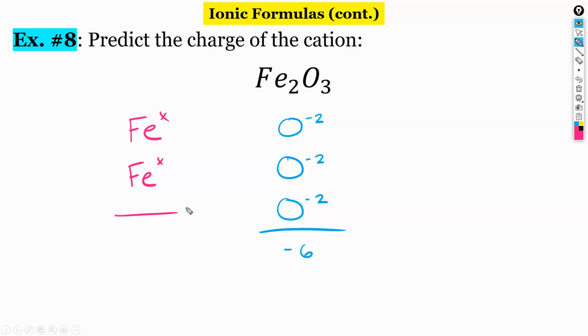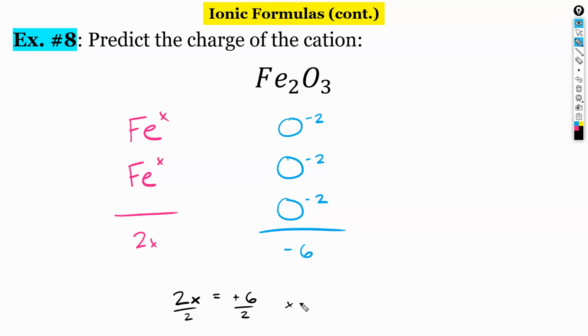Okay, and then we have 2 X's. We don't know what X is. So we'll do a little bit of algebra here. We want this to cancel out, so we want it to be a +6. So let's divide both sides by 2.